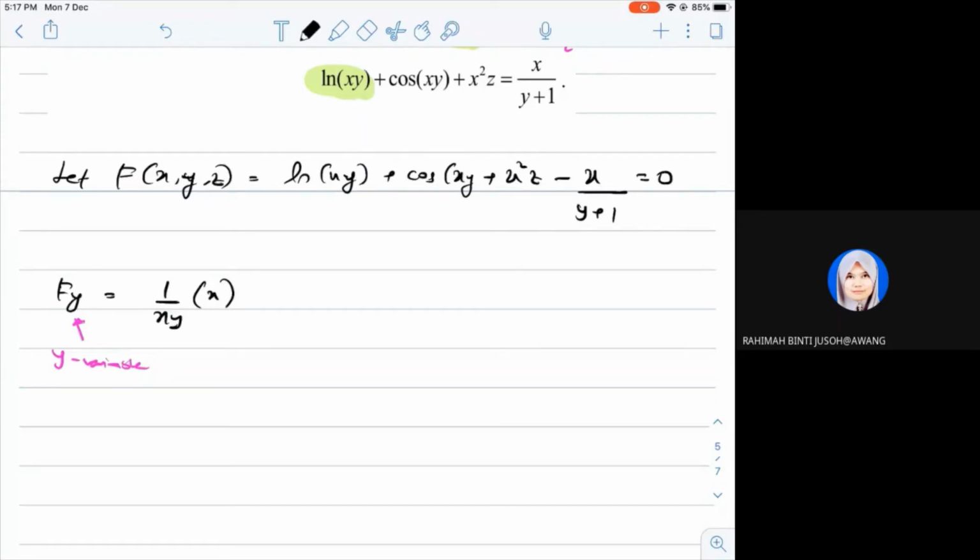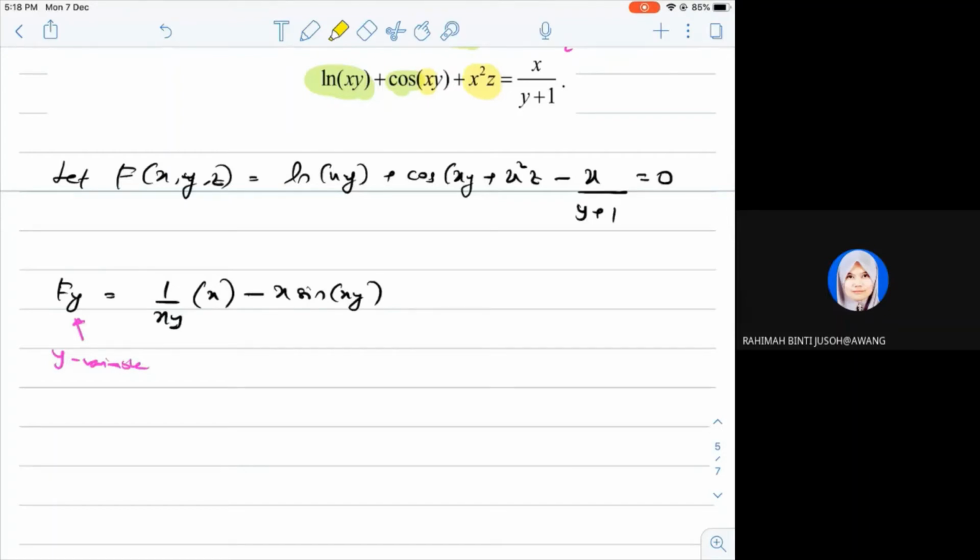Okay, and then plus or minus, differentiate cos. Negative, so minus. Okay, so now what's the constant? x. Kali dia apa? x. Okay, so x ni bawa ke depan. Alright, so negative x sin xy. Okay, and then next, what happened to x squared z? 0. We get 0.